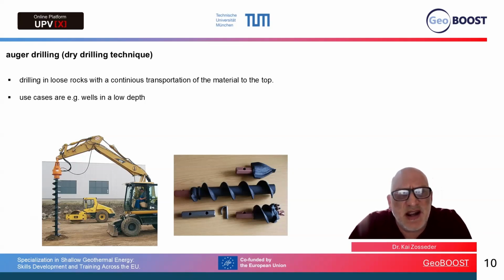In this drilling technique, material is mixed, and you cannot really link the geology to the real depths anymore. It's a mixture. So the interpretation of the geology is a little bit more difficult here. So that's all on the drilling techniques in a nutshell. And in the next part, we're going to see how we will design the well.